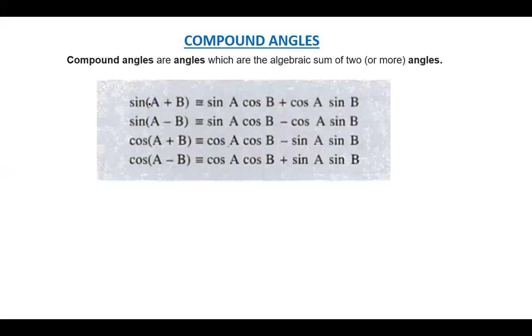When you look at this sine, if there's a plus here, there's also a plus there. If there's a minus there, there's also a minus there. But for cos, it's the opposite. If there's a plus there, there's a minus there. If there's a minus there, there's a plus there.